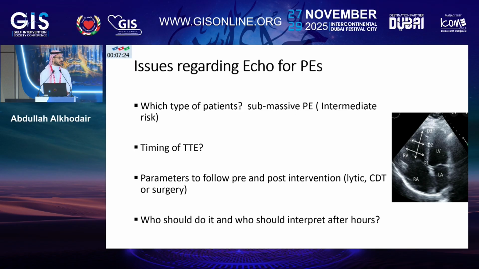Do you just go for a regular TTE, or a limited right-sided echo, and how much detailed assessment of the RV are you going to do? Again, these are questions that have not been answered very well in the guidelines. They just recommend doing a TTE, but if you go further into the details, there are lots of issues that can be addressed.